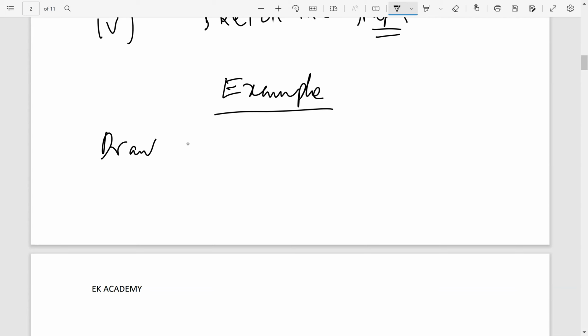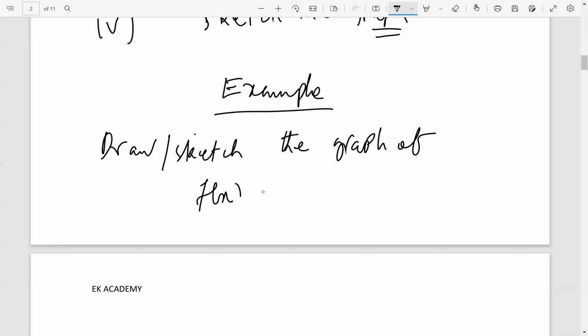We're supposed to draw or sketch the graph of f of x equals x squared minus 4x plus 5, and find the domain and range.